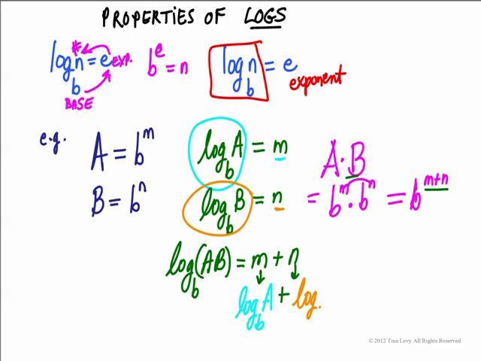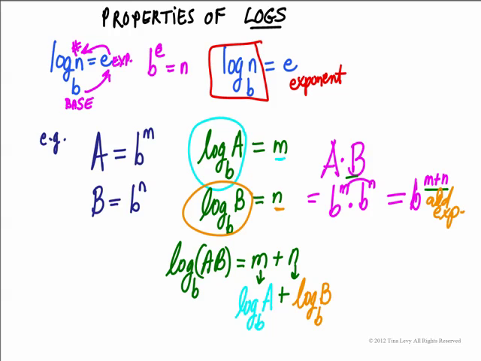So it's log base b of capital B. So what I have is the first property of logs. It tells me that when I multiply two numbers, the exponent from that multiplication is the sum of the exponents of the others, because I added exponents originally.